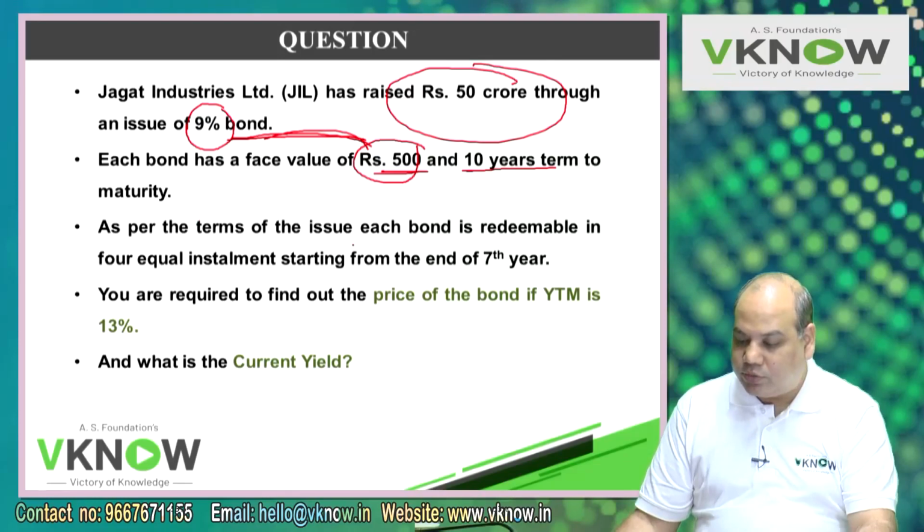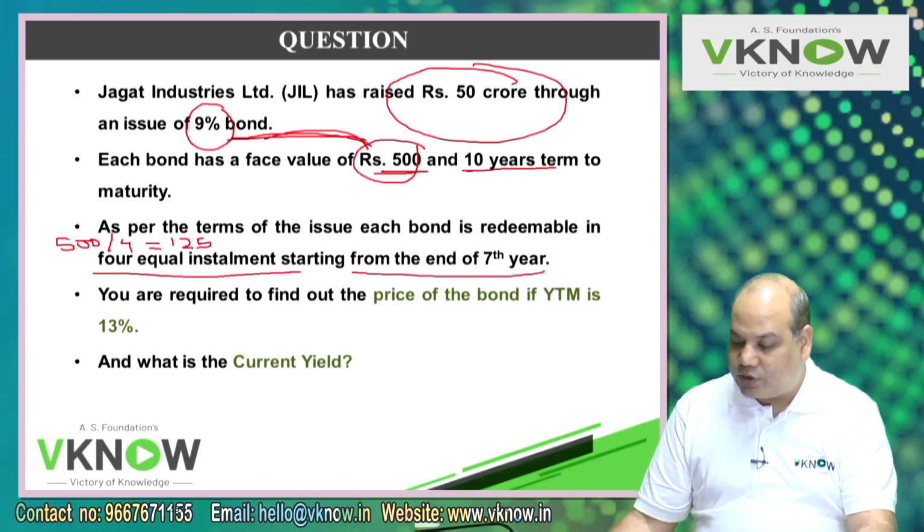As per the terms of the issue, each bond is redeemable in, understand, each bond is redeemable in 4 equal installment. 4 equal installment means 500 divided by 4. So they will pay 125 4 times. But when?